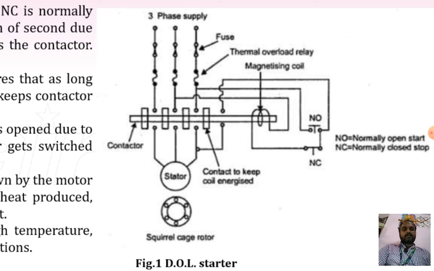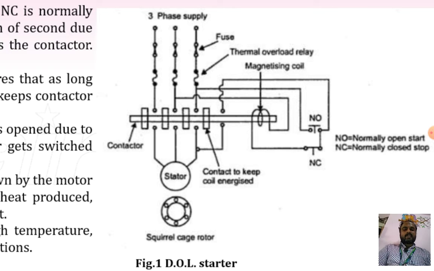NO means the normally open start button, and NC means the normally closed stop button. We have a 3-phase supply, with the stator conductors directly connected to the contacts. Under normal running conditions, these contacts are closed to the supply and the stator conductors.